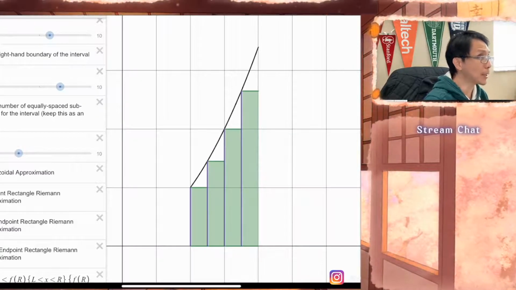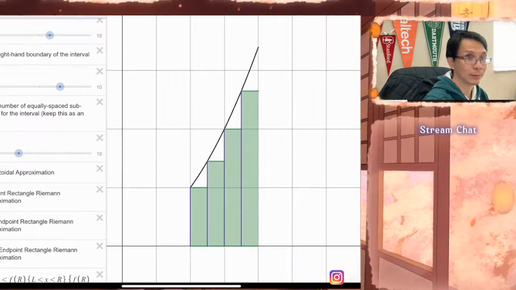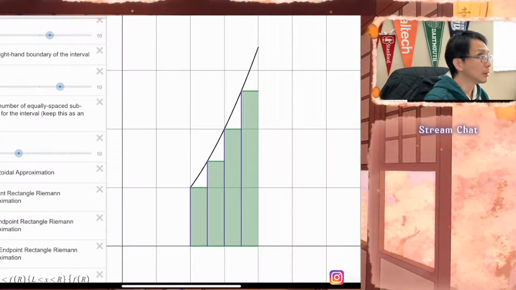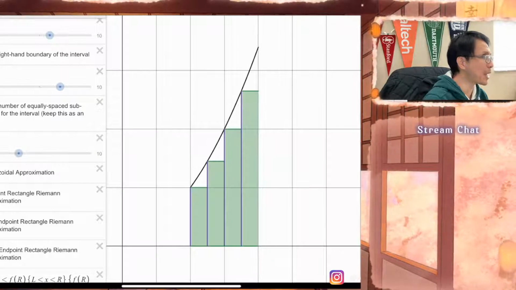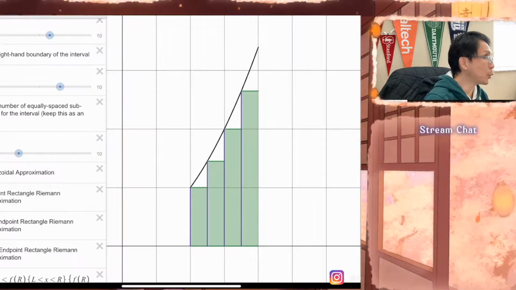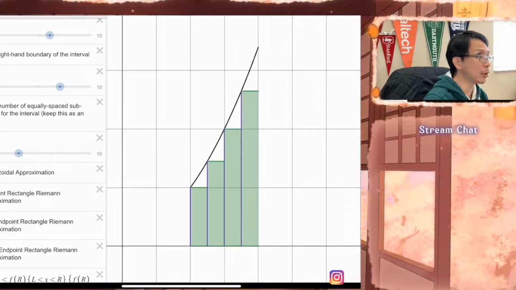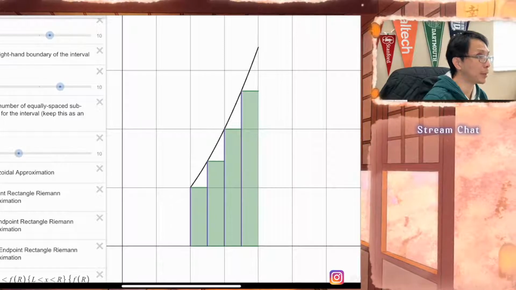Now, what happened is, you also need to understand what happened. Whether it is an over approximation or under approximation is based on a couple of choices: whether the function is increasing, decreasing, concave up or concave down. What do you think is affecting the over or under approximation here?